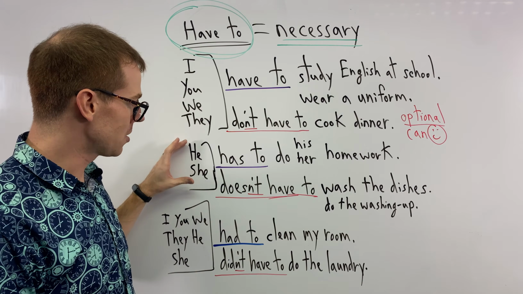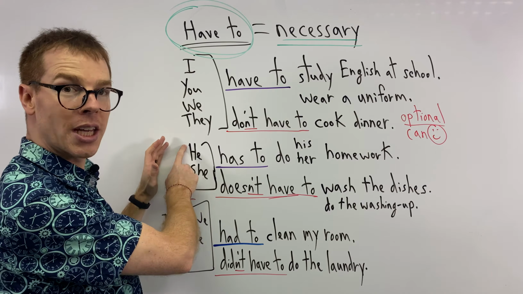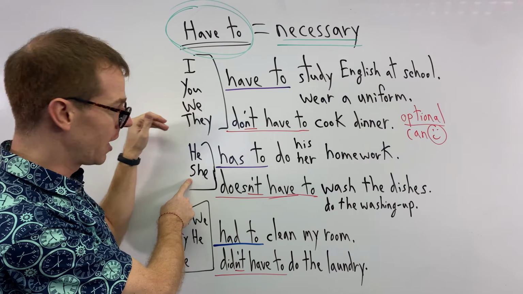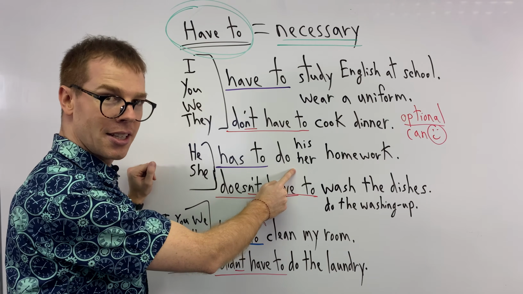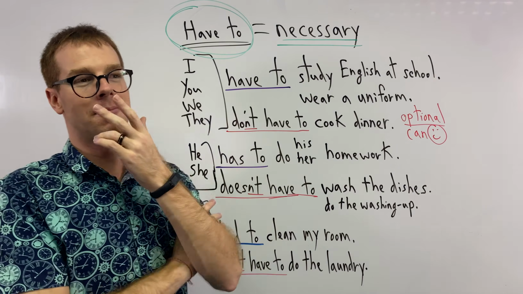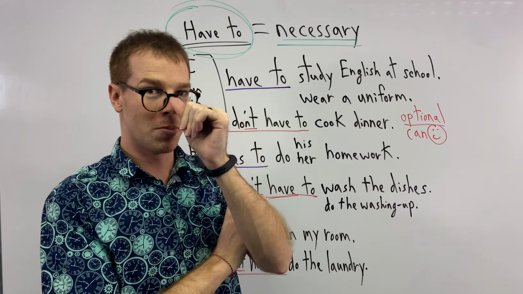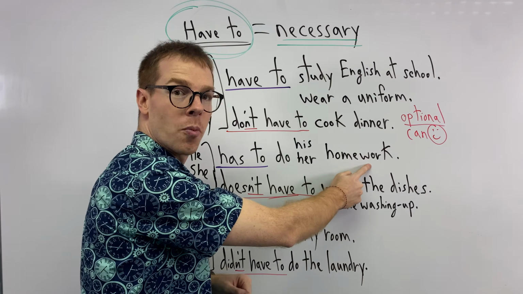So again, here's my final couple examples. Here's he. Remember, for he and she, the grammar is different from I, you, we, they. He has to. She has to. My student, I can choose maybe Yumi, right? Yumi is one of my students. Yumi has to do her homework.